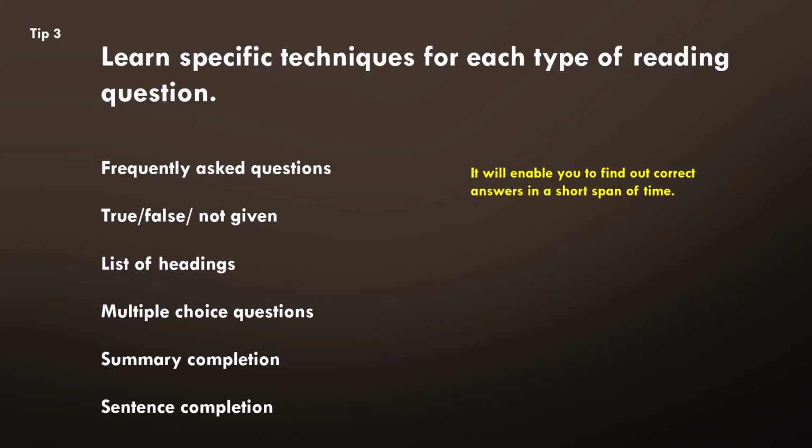For example, if you have 1 minute and you have specific techniques for these questions, you will be able to find answers in 30 seconds. Try to target these questions and practice on them as much as you can. If you practice more, there are high chances that you will get more correct answers. So pay specific attention to frequently asked questions whenever you are dealing with the IELTS reading module.